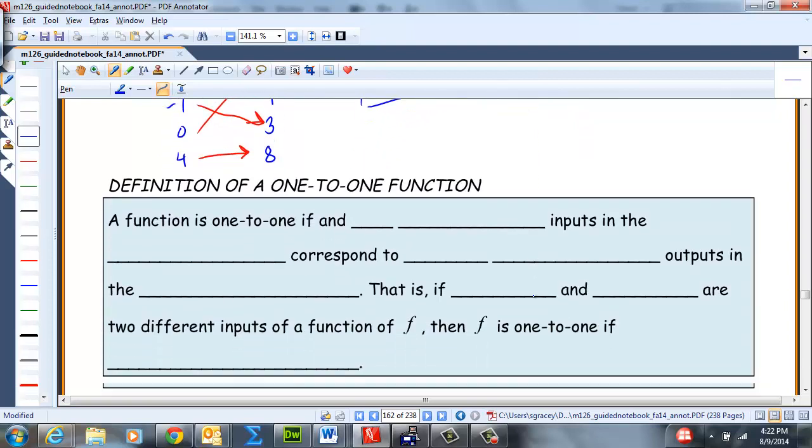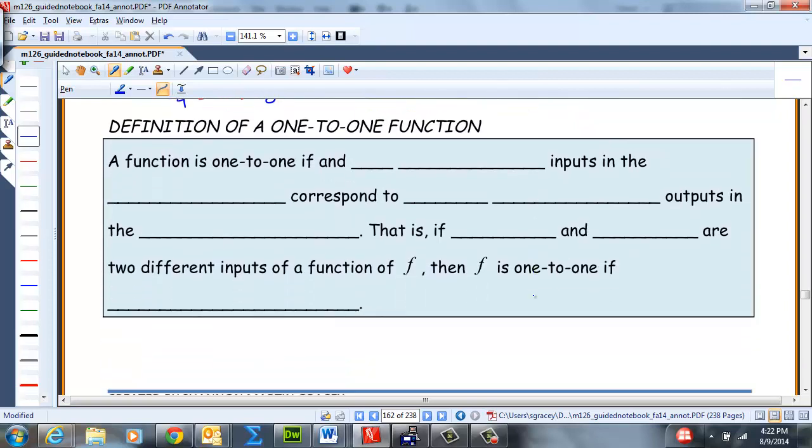So, the official definition of a one-to-one function. A function is one-to-one if any two different inputs in the domain correspond to two different outputs in the range.